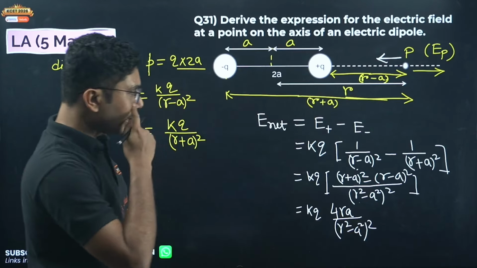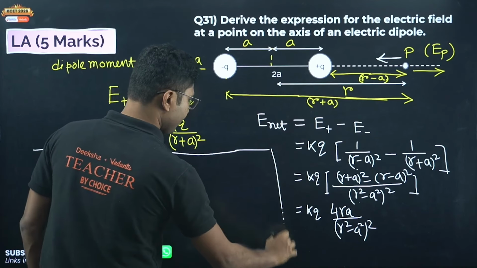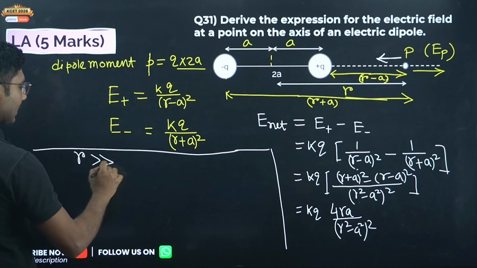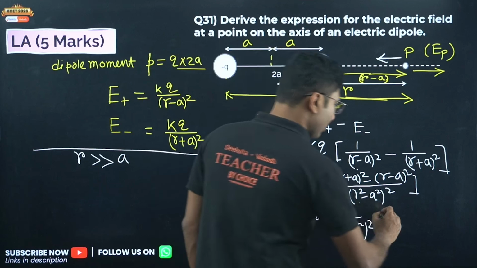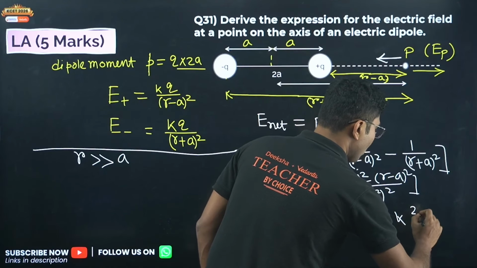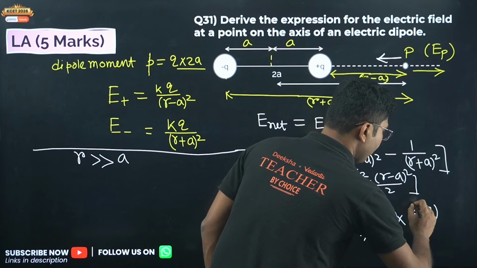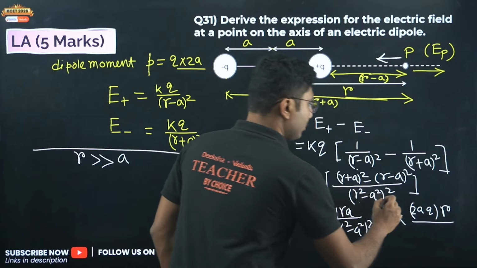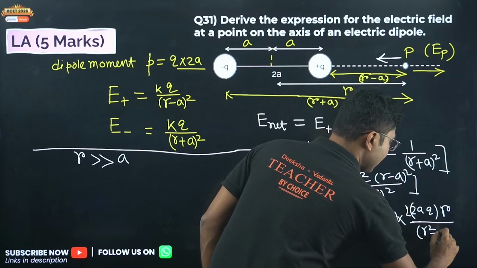Now it's time for a small approximation. What approximation will we be doing? We will approximate that the distance R is bigger than the distance between the charges. And one more thing that we will be doing here is K, 2A into Q into R, there is also a 2 over here, divided by R square minus A square.